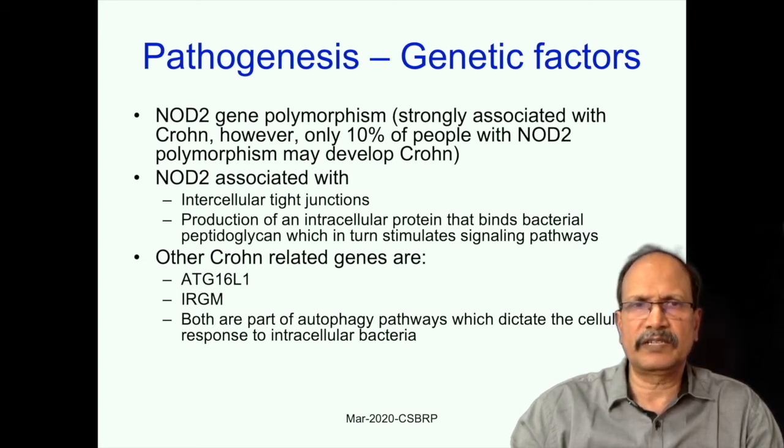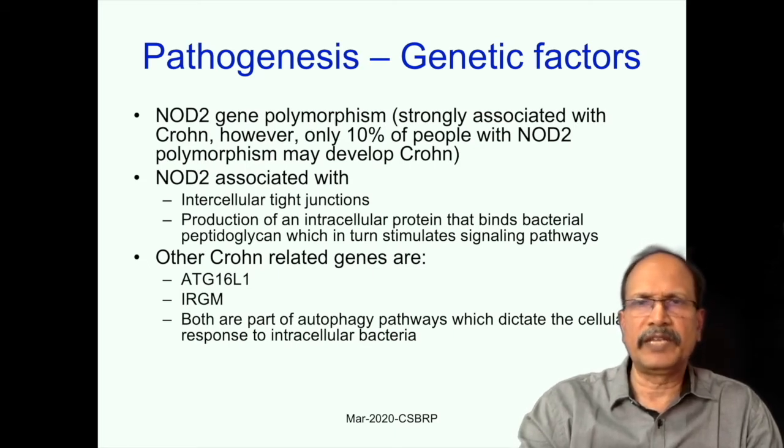So any defect and polymorphism in NOD2 gene may result in defective tight junctions and defective response to the bacterial proteins. Other genes that are associated specifically with Crohn's are ATG16L1 and IRGM, and both are autophagy pathway genes, and probably thereby cause abnormalities in the way our cells deal with the bacterial organisms.